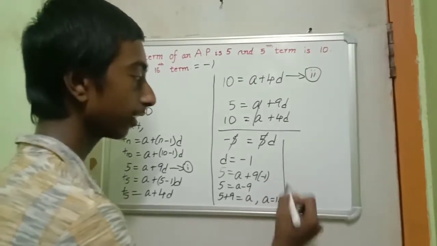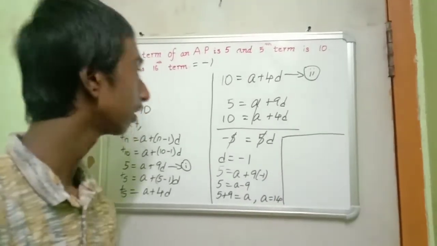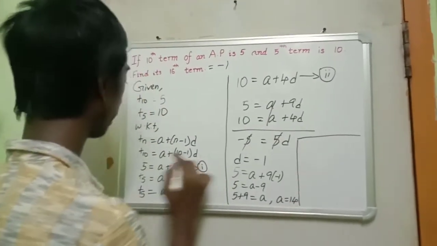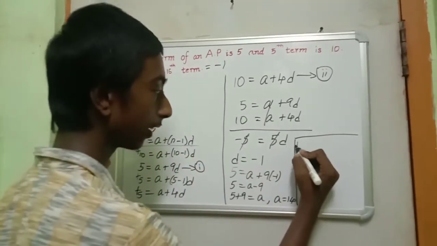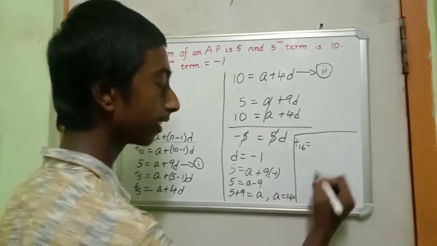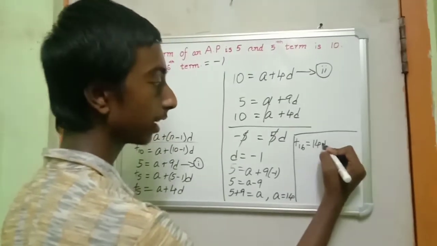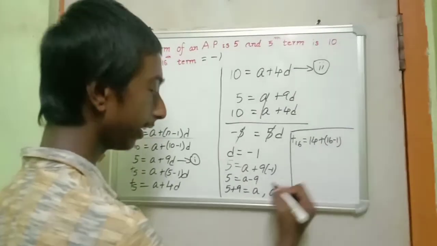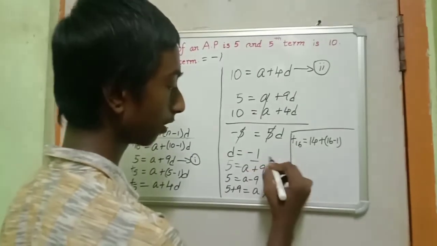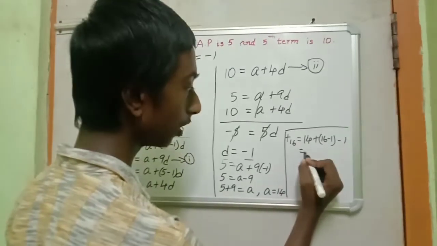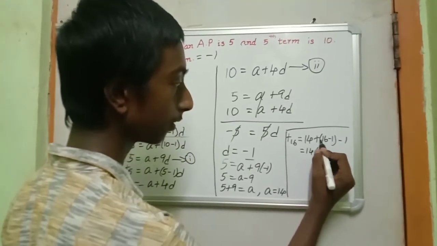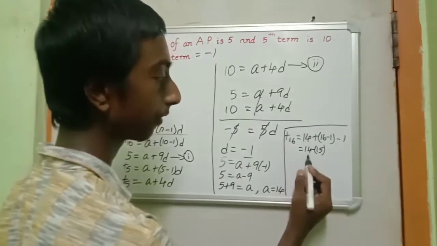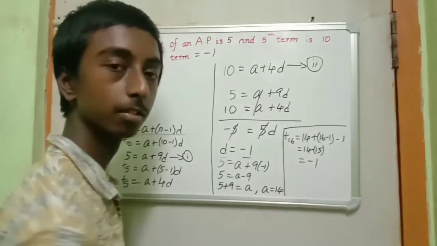The question asked for the 16th term, so finding the 16th term using this formula: T16 equals A, which is 14, plus n, 16 minus 1, into D, which is minus 1. 14 plus 15 into minus 1, so 14 minus 15 is equal to minus 1.